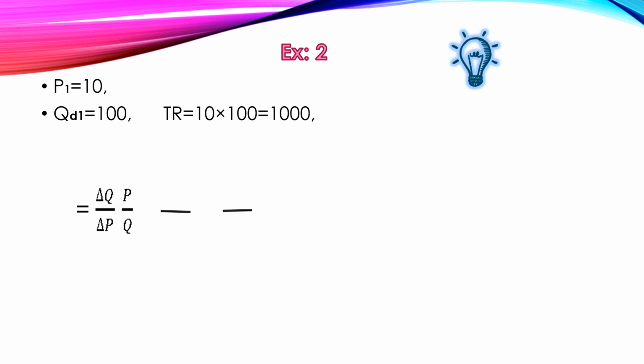If price was changed from 10 to 12, the new price equals 12 and the change in price equals 2. The quantity demanded decreased from 100 to 90. The new quantity demanded equals 90 and the change in quantity equals 90 minus 100 equals negative 10.